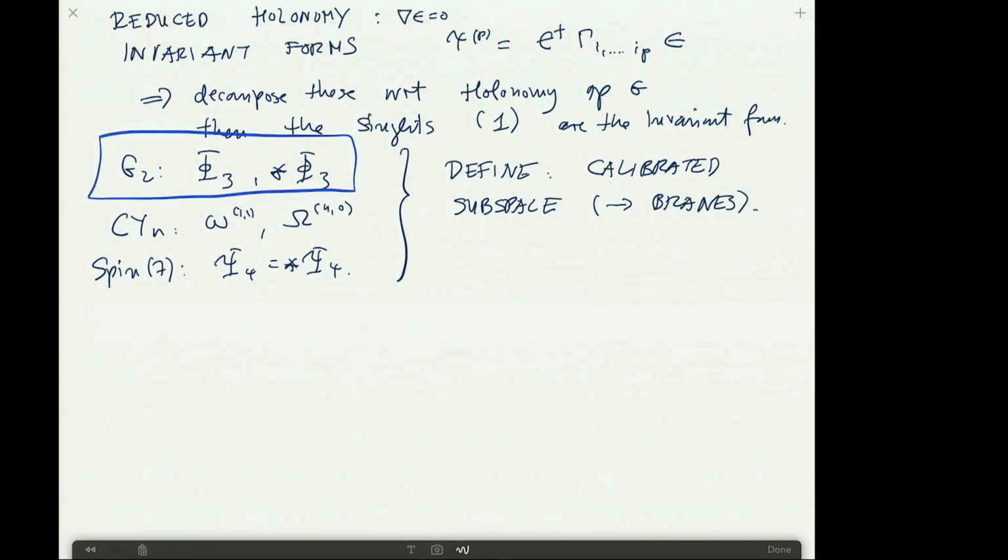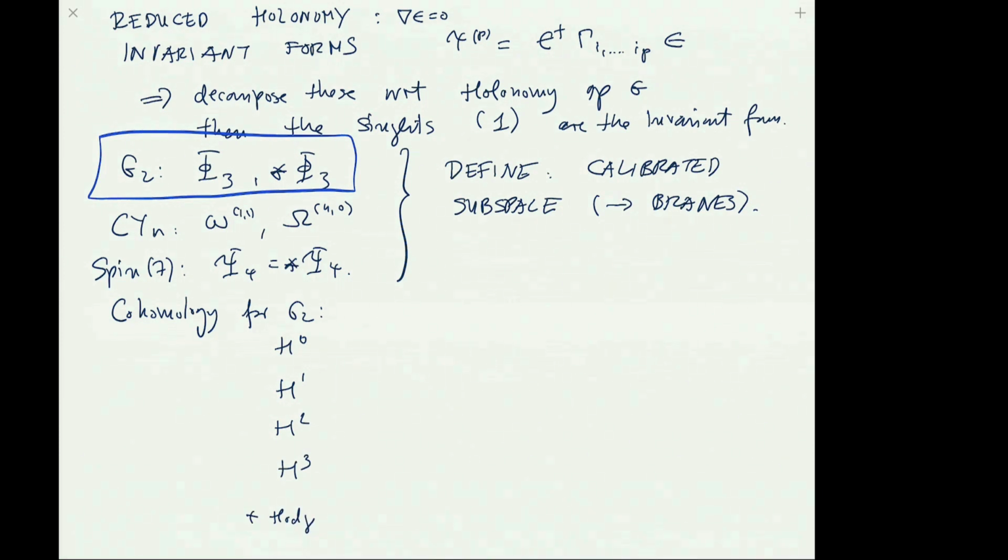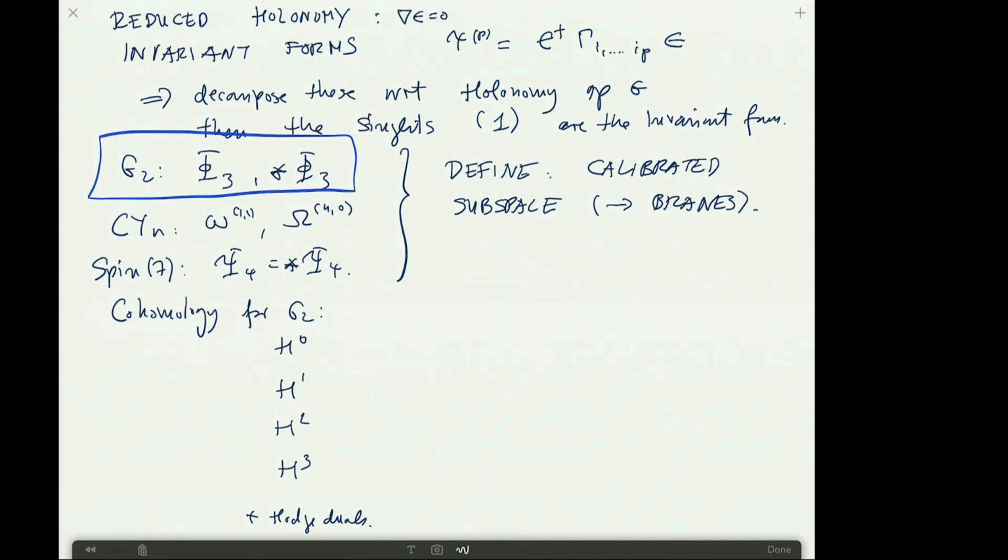So the cohomology for G2 decomposes into H0, H1, H2, H3 plus Hodge dual, of X. H0 is isomorphic to R. H1 is 0, at least for pi_1 equal to 0, for Ricci-flat spaces.